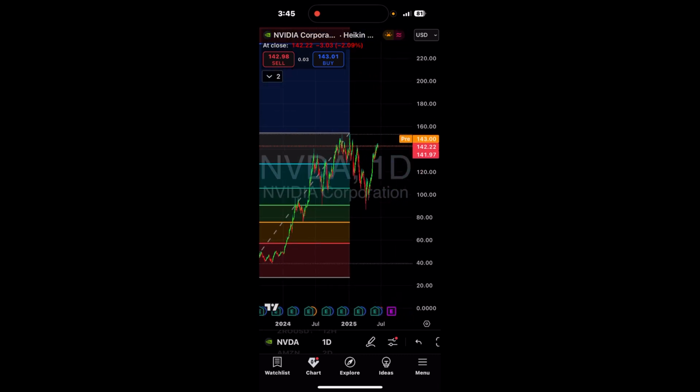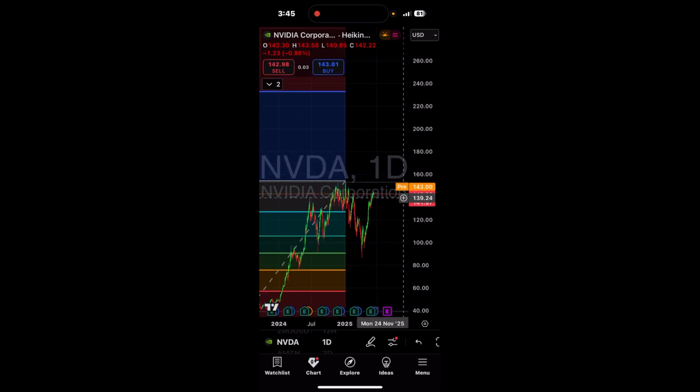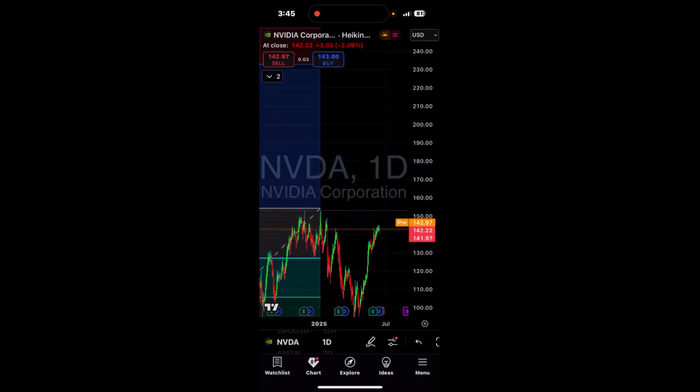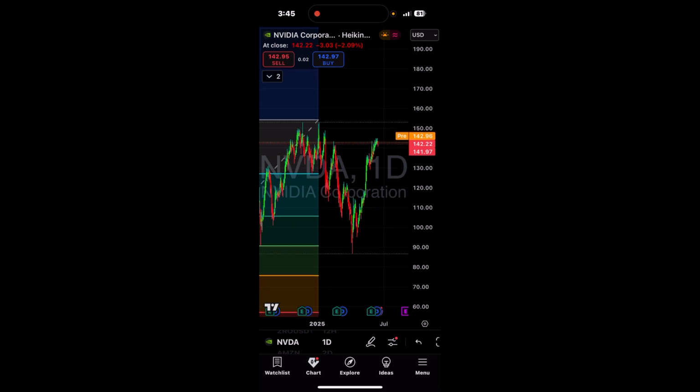Now, looking at this, we can tell that the bounce zone really is at 154. So there could be some pullback at 154, and there could be a bounce at 126. So you want to make sure you get a good idea of what's happening on the day here.